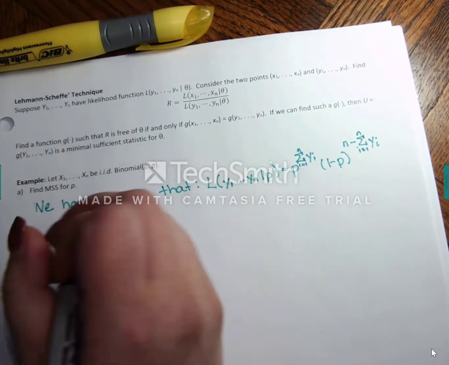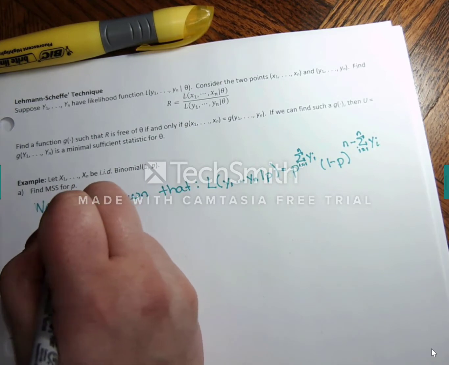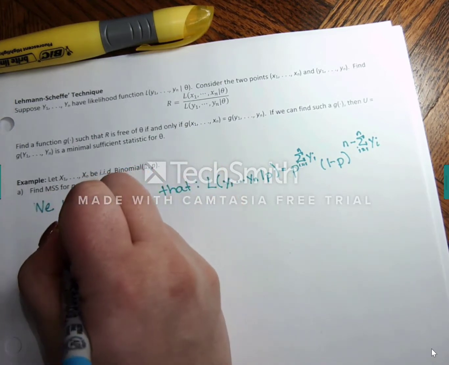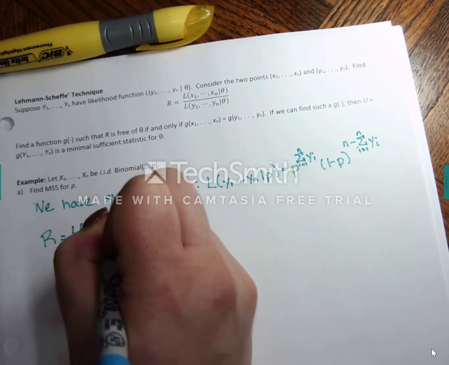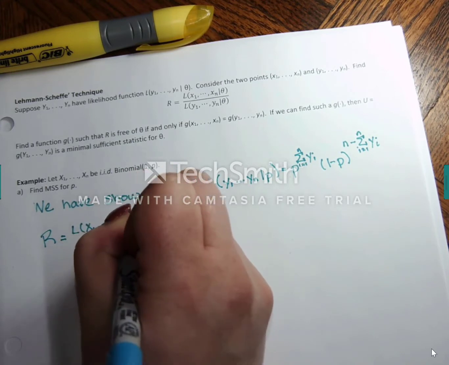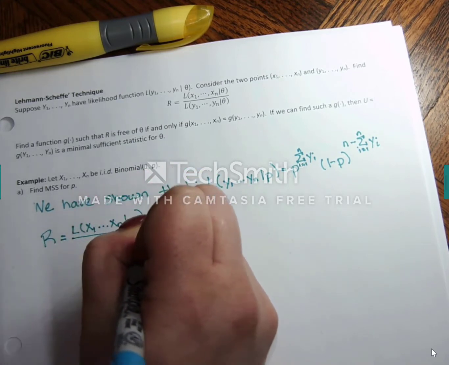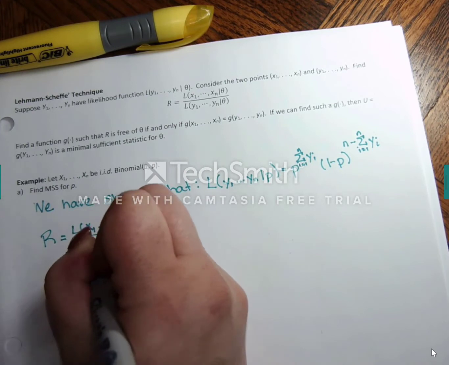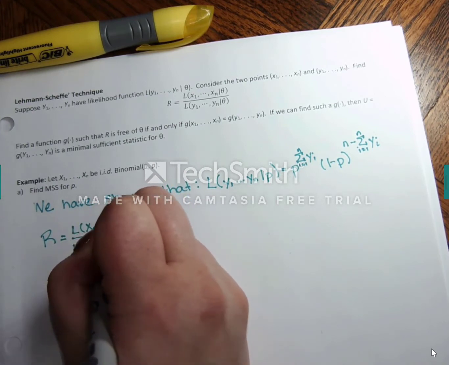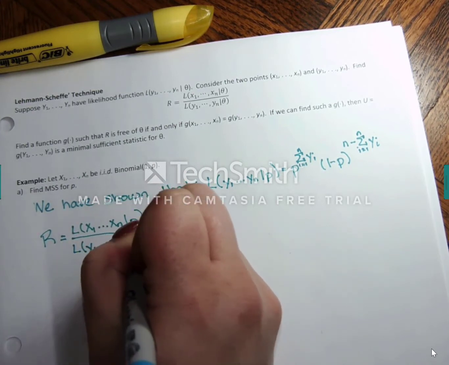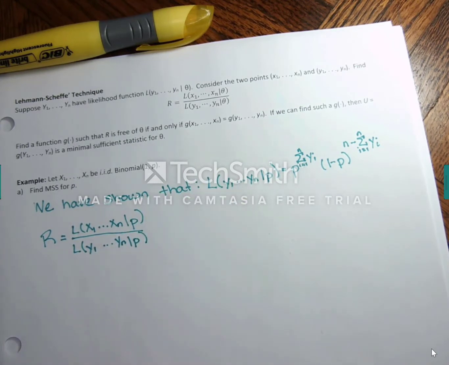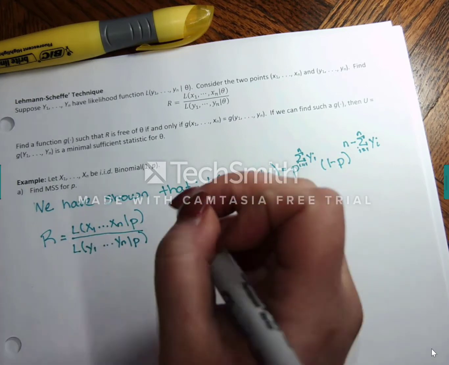So just writing down what r is equal to. And next I'm going to substitute in the likelihood, again in the numerator using x's, and the denominator using y's.